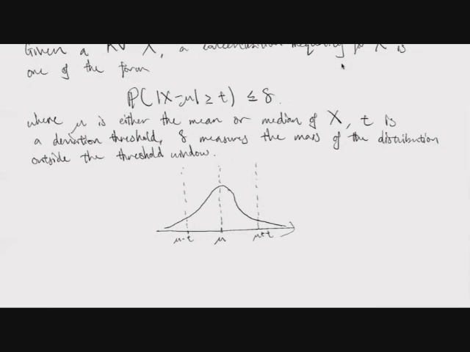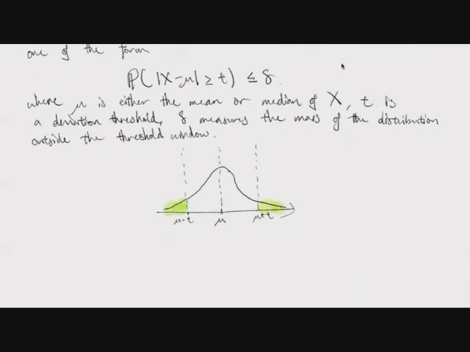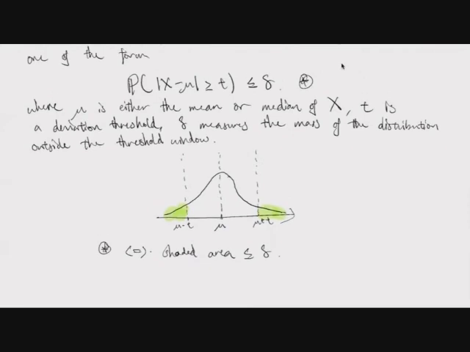Then we want to consider this area and this area here. What the concentration inequality is telling you is that the shaded area is less than delta. And so that's what this inequality is telling you.